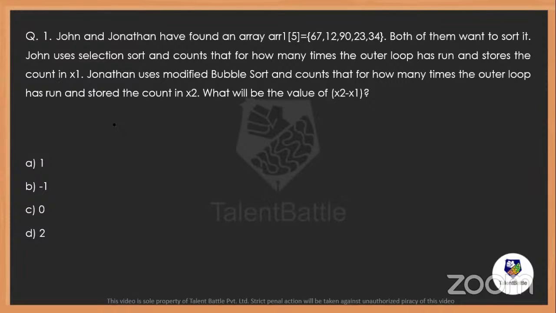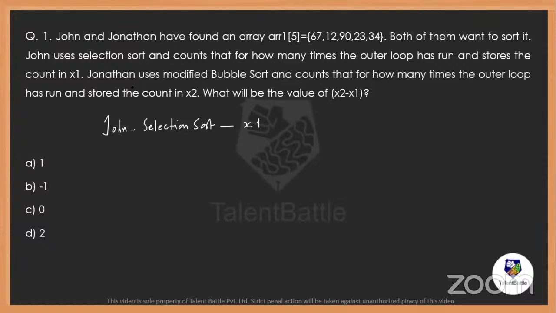I will just summarize: John is using selection sort, and the count of how many times the outer loop has run, he is going to store in x1.